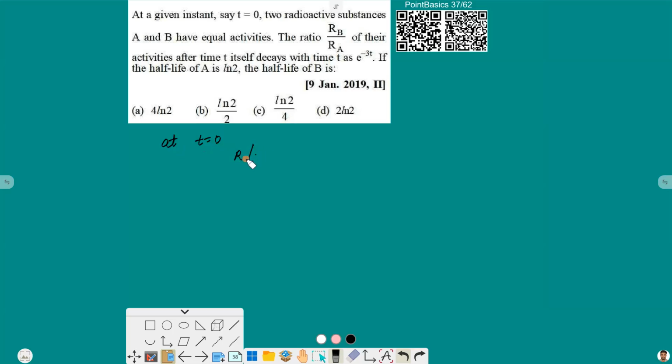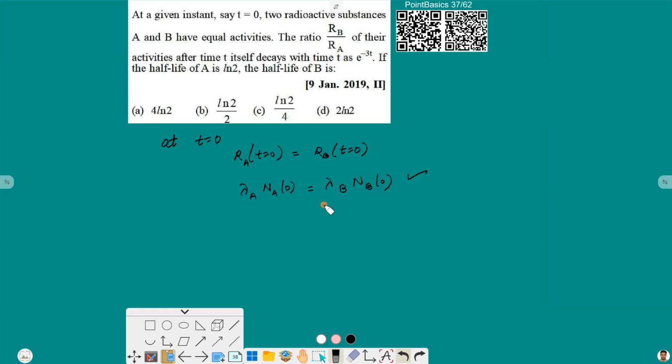So R of A at t equal to 0 will be equal to R of B at t equal to 0. That will give us lambda A into NA node, because at time t equal to 0 we have original amount and no atoms are decayed, is equal to lambda B NB node. So this is the first relation we have.